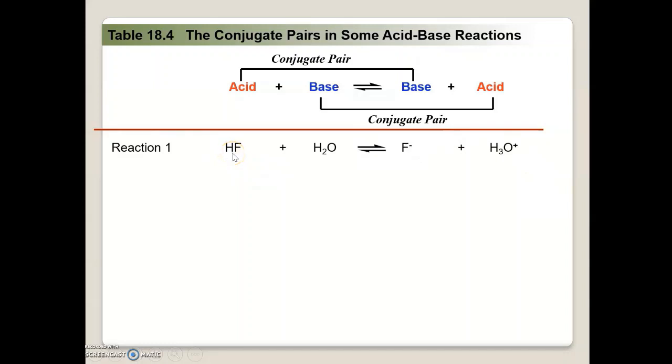When this is an acid, F minus is its conjugate pair, so this is the conjugate base. H2O receives H plus, so H2O is a base, and its partner will be H3O plus, so H3O plus is the conjugate acid.